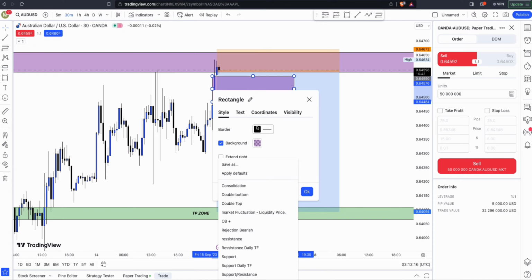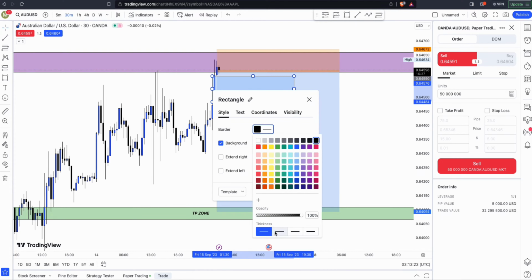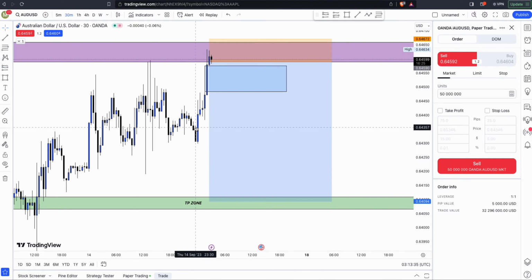For fair value gaps, basically this candle's high and the next consecutive candle's low are not matching. For example, here is another fair value gap where this candle's high and this candle's low are not matching.